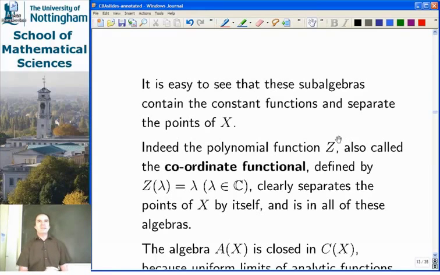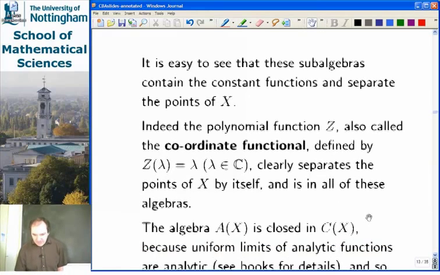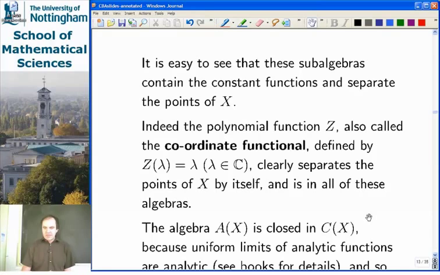And this function already separates the points. This is the one where z of lambda is lambda. You can think of it as the identity map on the complex plane, but we often call it the coordinate functional. That's just another name for it, but it's also the identity map. So we often use z to mean either the identity map on the complex plane or its restriction to x, which would be the identity map on x.